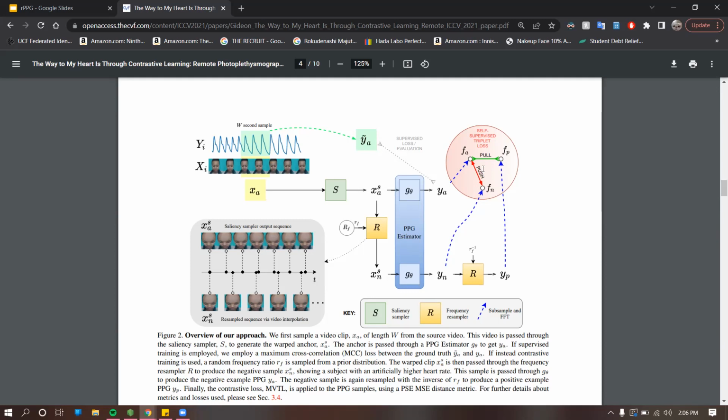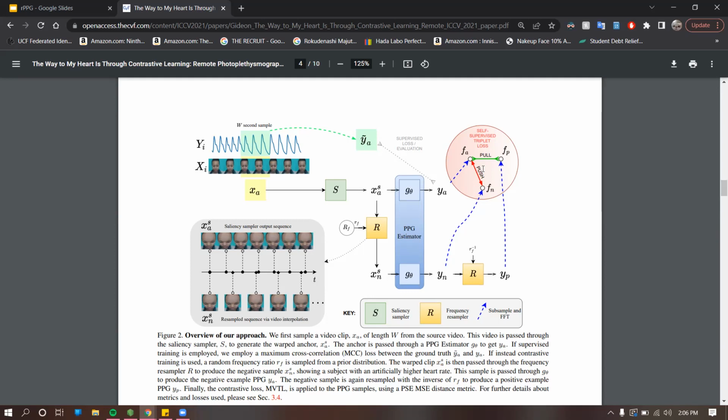So that's the supervised part. Then they're using the contrastive learning, maybe to address some of the difficult cases, or maybe just adding this contrastive loss term to help the network learning. Okay.